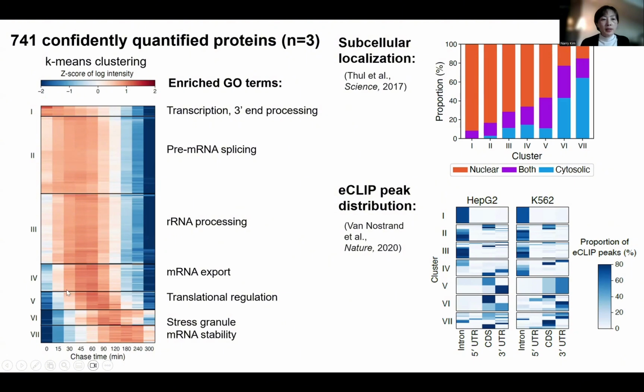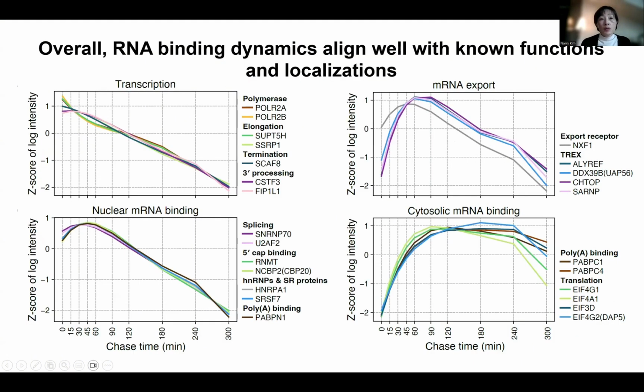But late binders are enriched with translation, stress granule, and mRNA stability terms. They are mainly in the cytoplasm and interact with CDS and 3' UTR. Overall, their RNA binding dynamics align very well with known functions and localizations.